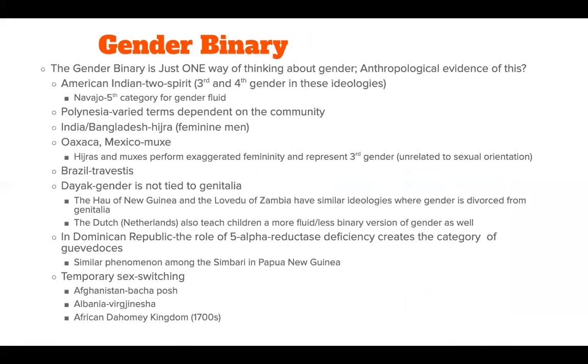The takeaway here is that when you start looking at societies that are not what we would call Western, educated, industrialized, rich societies, when you start looking at other societies that did not have an early influence from Western religion, Christianity, Judaism, and Islam in particular, you will see that the gender binary has never really been the predominant ideology in all of these other cultures, right?